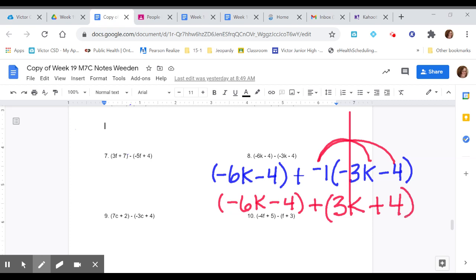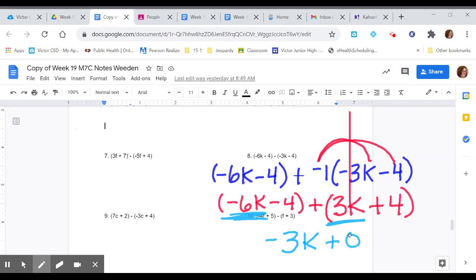We combine our like terms. Negative 6k, positive 3k gives us a negative 3k. Then a minus 4 and a plus 4 gives us 0, so you could write plus 0.